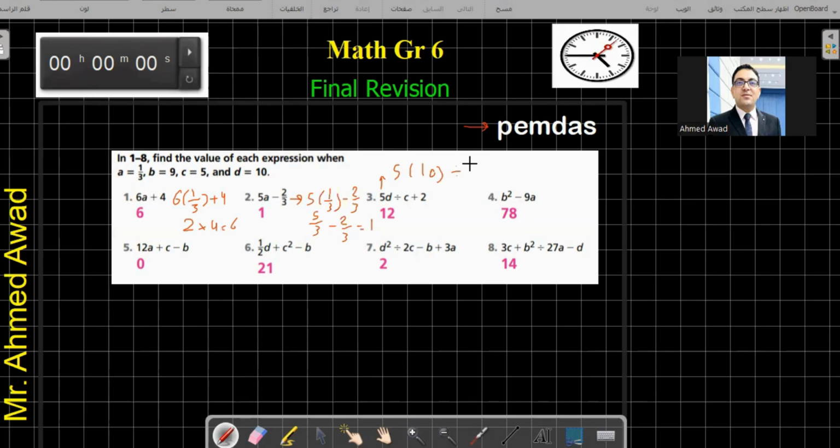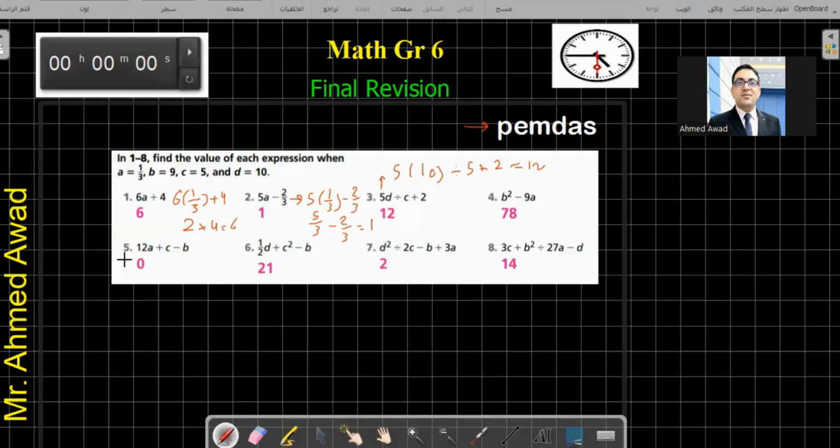C here equals 5, then plus 2. Now, teacher, so 5 multiplied by 10? Yes, it's going to be 50. Now, 50 divided by 5 is going to be 10. Now, 10 plus 2 is going to be what? It's going to be 12. So the final answer here is going to be 12.